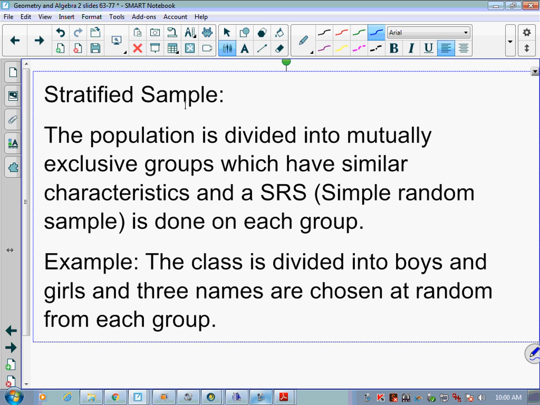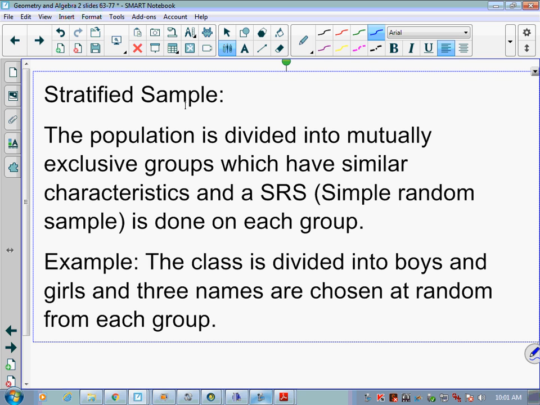Instead of throwing all 4 classes into a pool and pulling kids from that randomly, a stratified sample would have me break that into 4 categories and then do a simple random sample from each of those 4 and put that into a separate bucket. Does that make sense? Okay, for example, the class is divided into boys and girls, and 3 names are chosen at random from each of those groups.